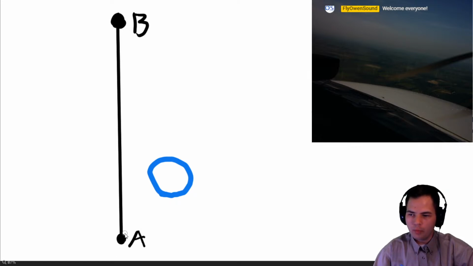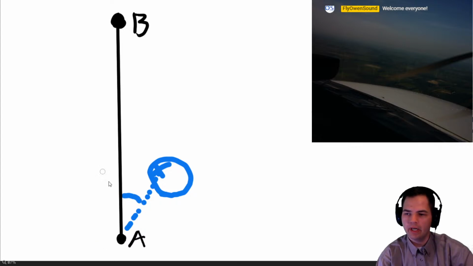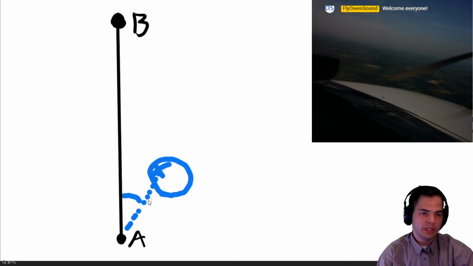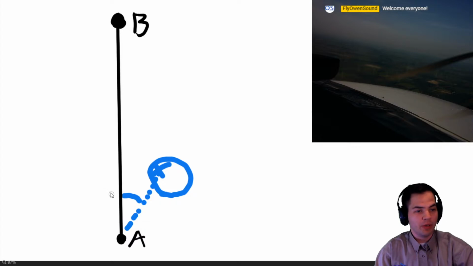The opening angle in the opening and closing angles method: we started at A and ended up in this other position. Say we identify more specifically that we're right here. The angle between the track that we wanted to fly and the track that we're actually on is called the opening angle.